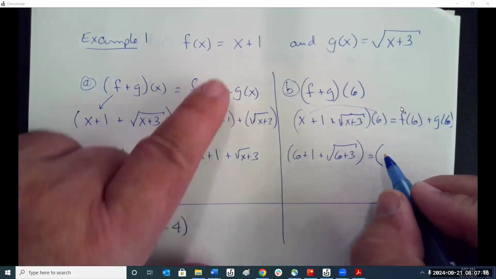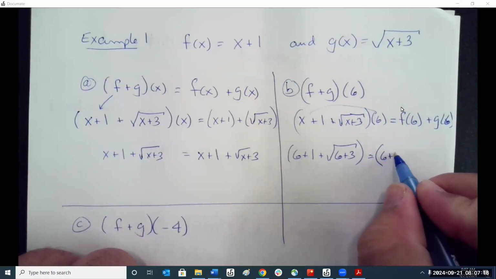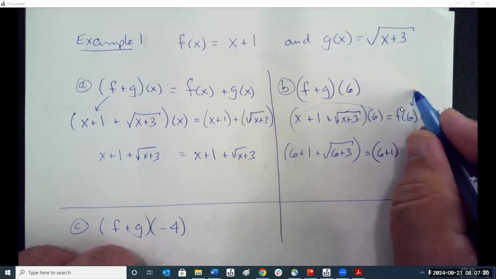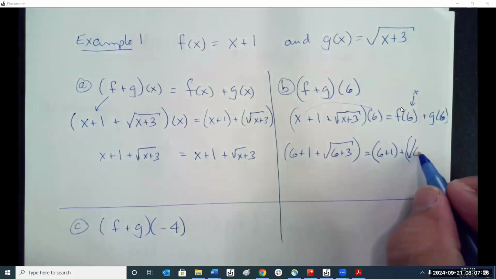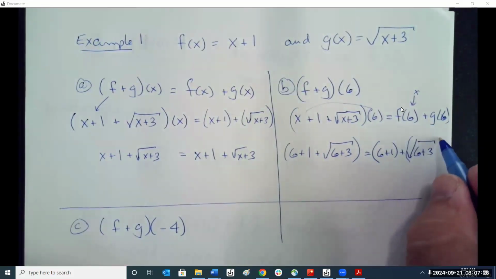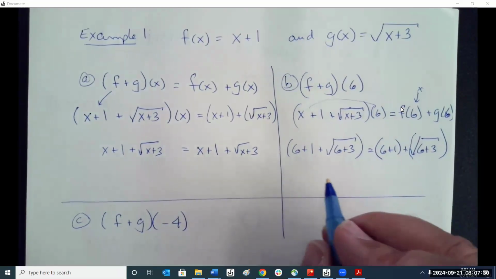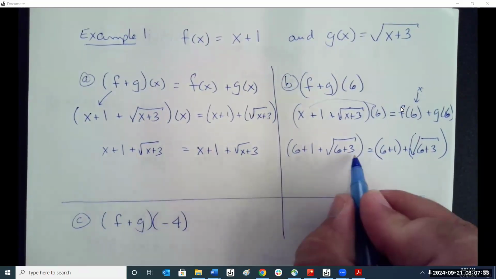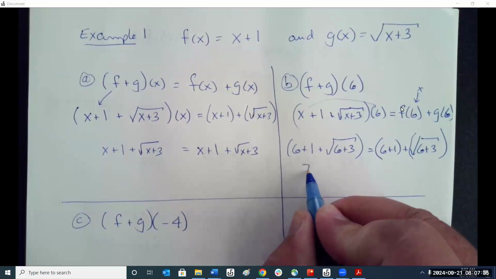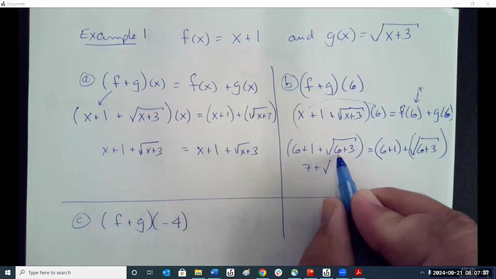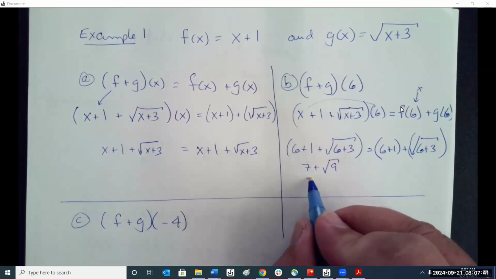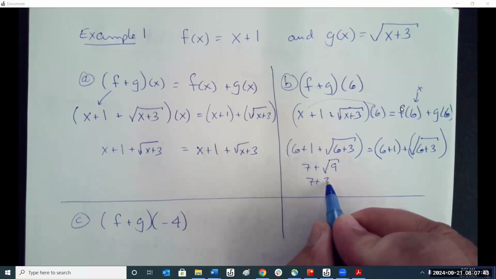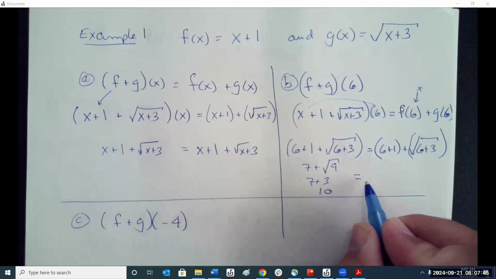F of x is x plus 1, so it's 6 plus 1, because my x value is 6. And the other one says square root of 6 plus 3. Inside here, 6 plus 1 is 7. 6 plus 3 is 9. Square root of 9 is 3, so we get 10.